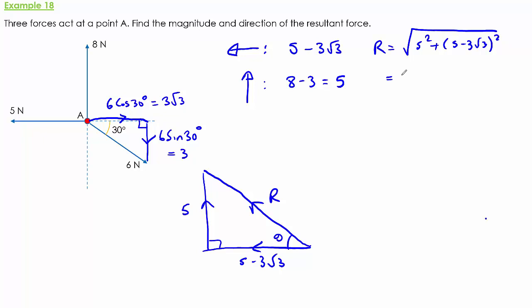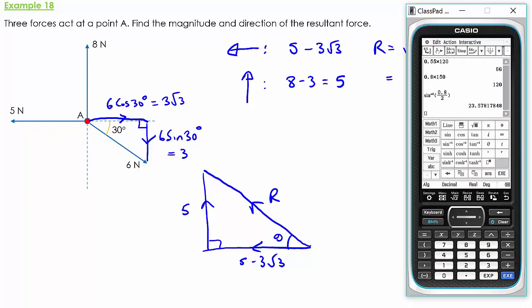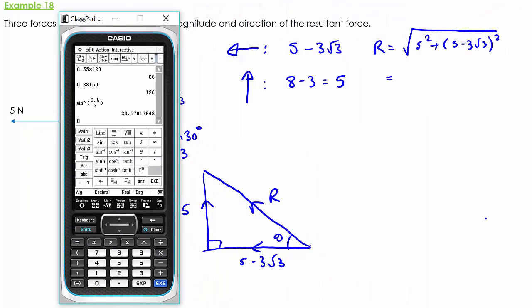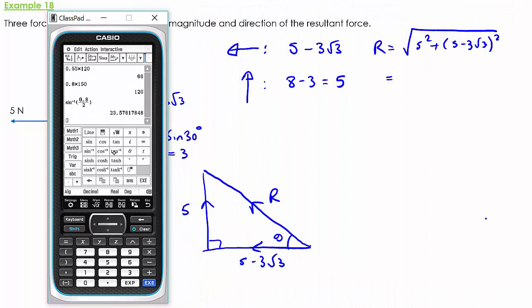And let's see what that comes out to. So we just need to calculate that. So we have the square root of 5 squared add 5 take away 3 root 3, and that seems to be outside, squared.